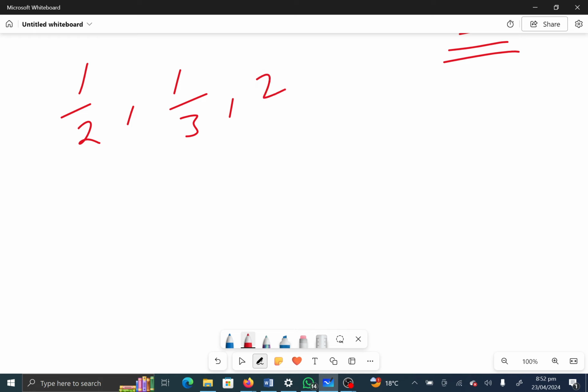Another example. Given a sequence 1 over 2, 1 over 3, then 2 over 9, find the common ratio in this geometric progression.